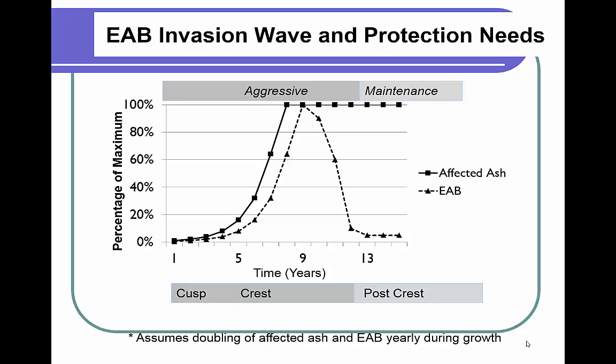It develops kind of in a logarithmic level where it starts out slowly as the insect gets established and reproduces and doubles maybe, and then doubles and doubles, and pretty soon you have enormous numbers. And at that point you start to see massive death. So typically you're going to see a crest of damage occurring 5, 6, 7 years after it first gets into an area, into a city, when you get massive tree loss.